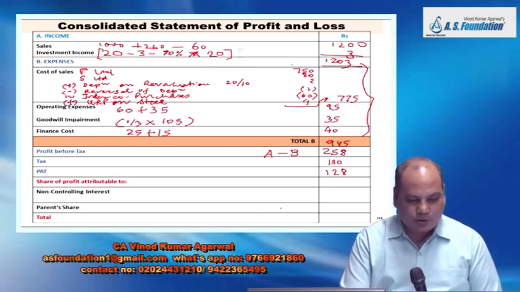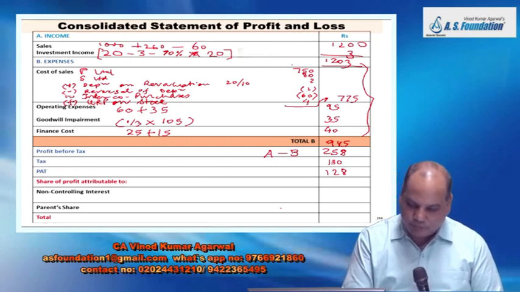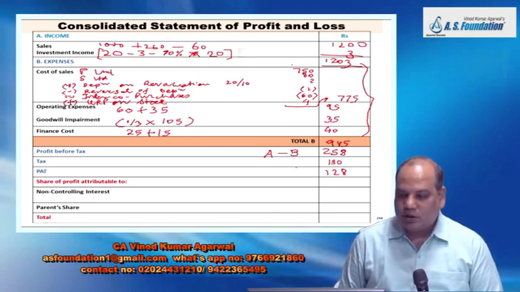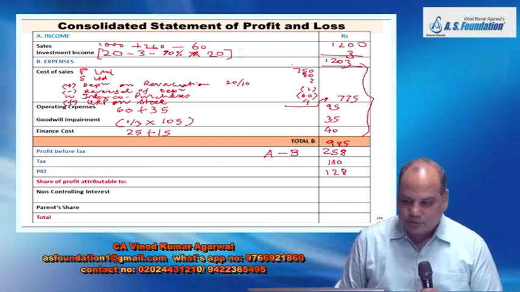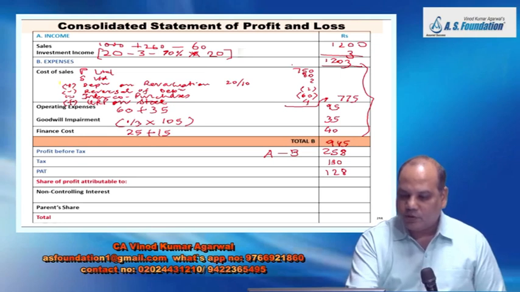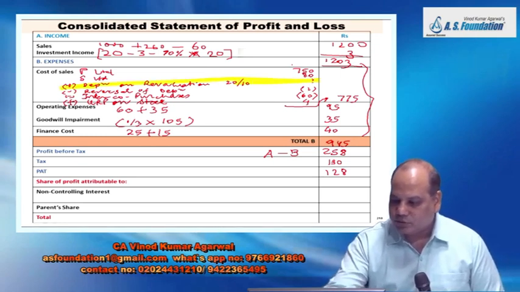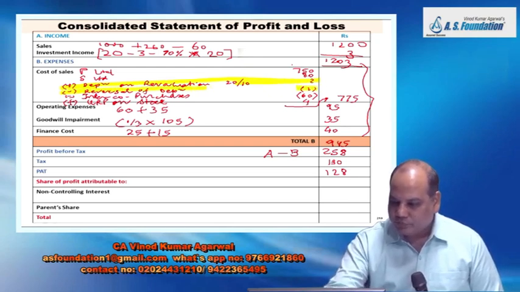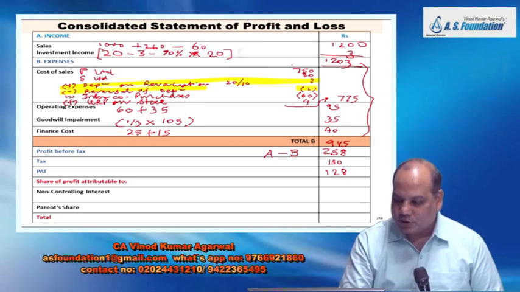Now subsidiaries profit and loss account given to us shows a profit of 100 made by the subsidiary. But that requires certain adjustments. For example, the depreciation on revaluation. The profit is without considering depreciation on revaluation. So this I will consider. The profit is also without considering reversal of depreciation in subsidiary book.